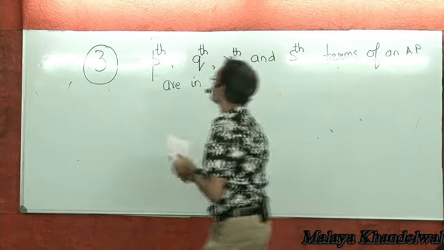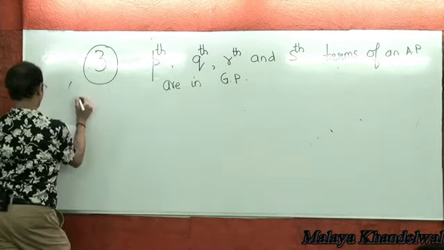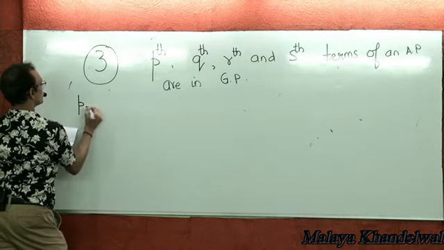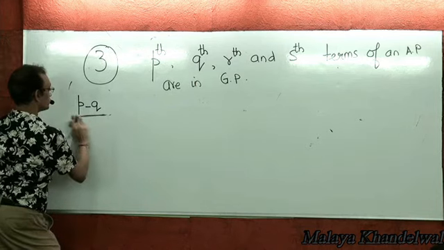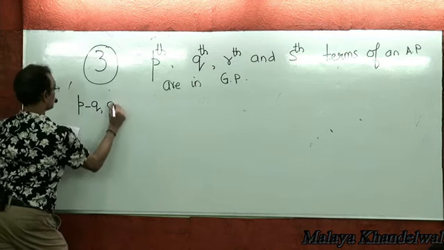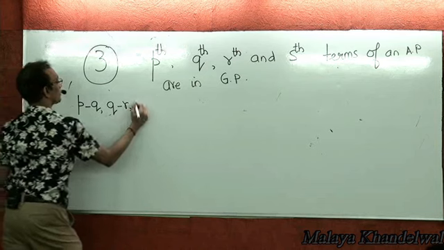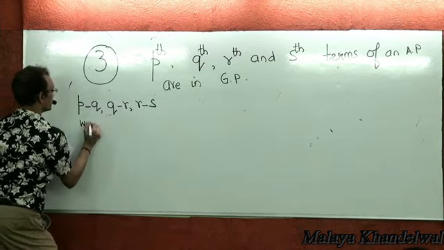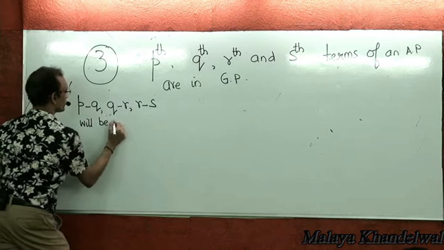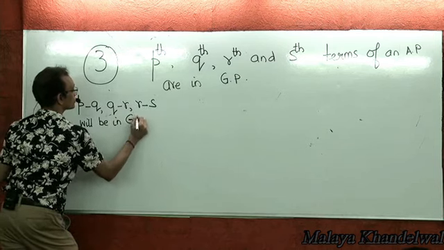We want to be able to prove that P minus Q, Q minus R, R minus S will be in GP. This is what we want to establish.